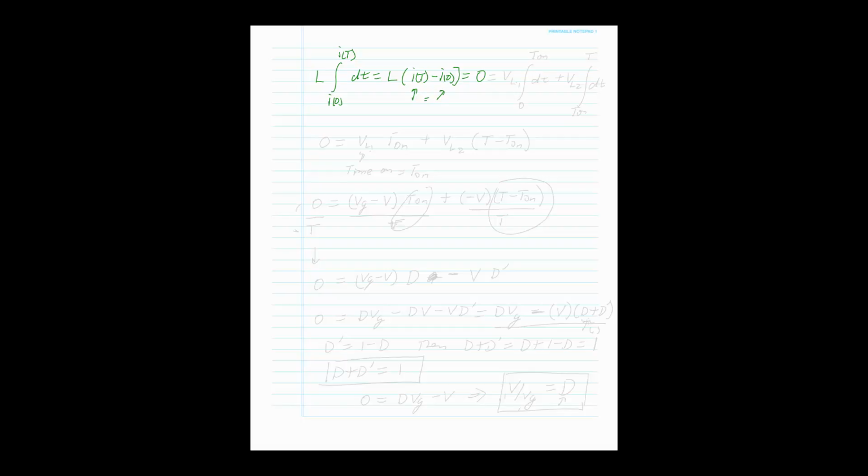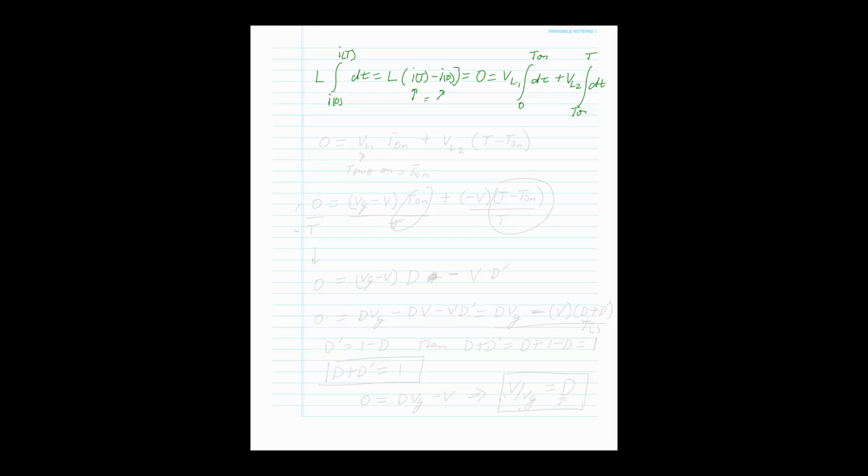So that's the steady state condition. But that's equal to the voltage VL, but now we have to split. We have to integrate VL from 0 to T on dt plus another VL, so I'm going to call this VL1 and VL2, from T on to T dt.